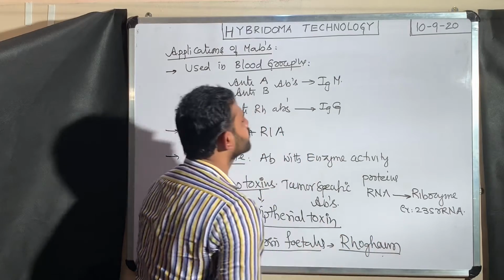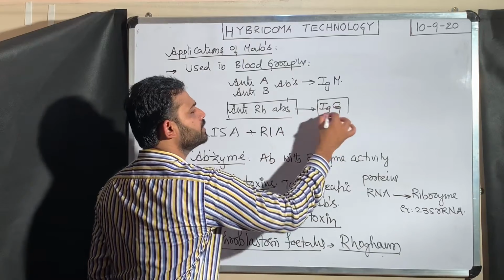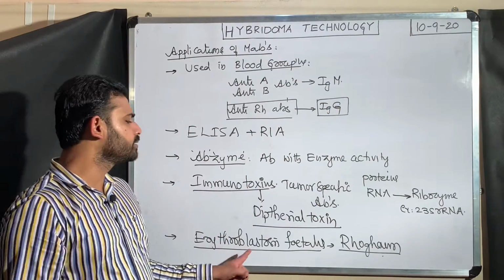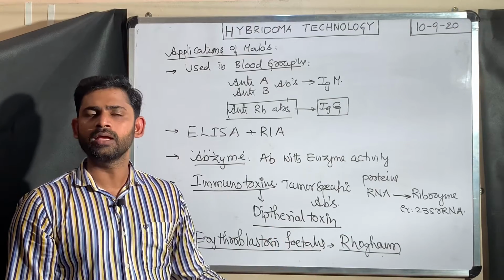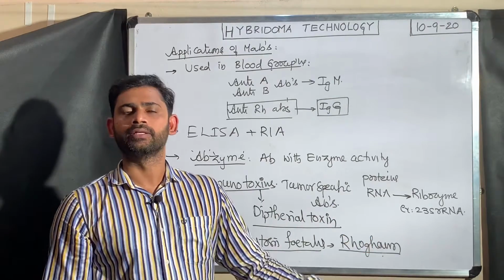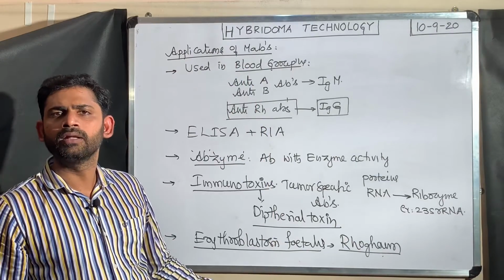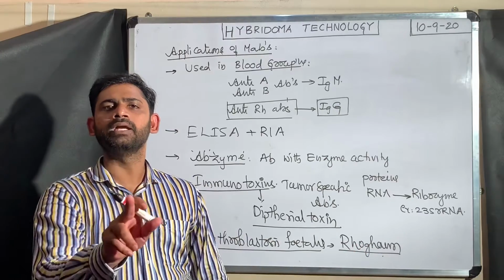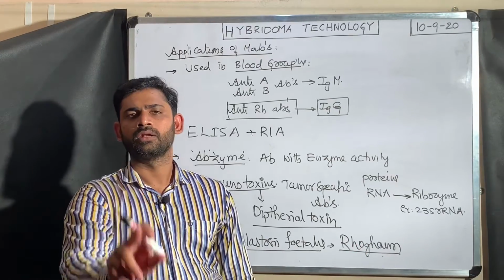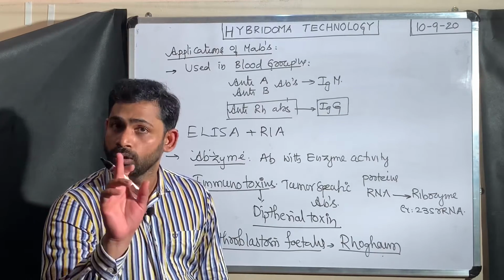This Rhogam injection contains anti-RH antibodies, nothing but IgG. That means erythroblastosis fetalis is prevented by using monoclonal antibodies. In simple terms, monoclonal antibodies have very huge, diverse applications in medicine and physiology, even in cancer treatment.